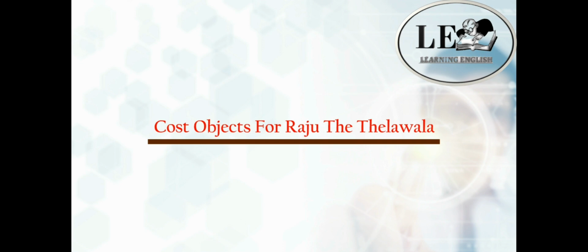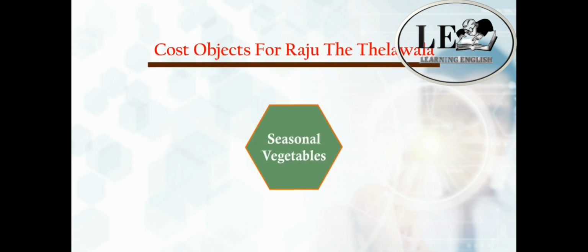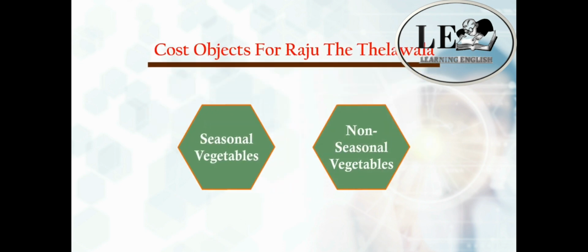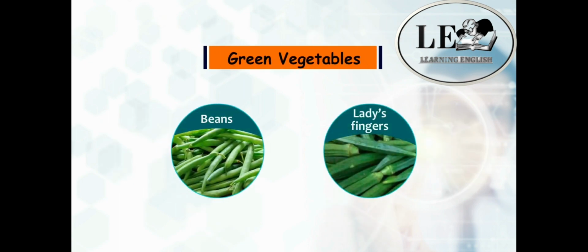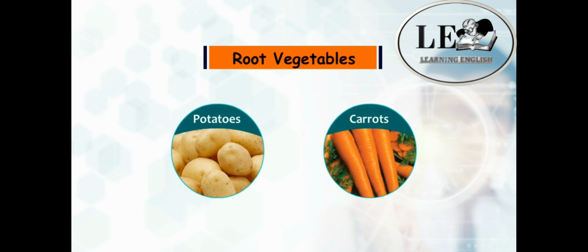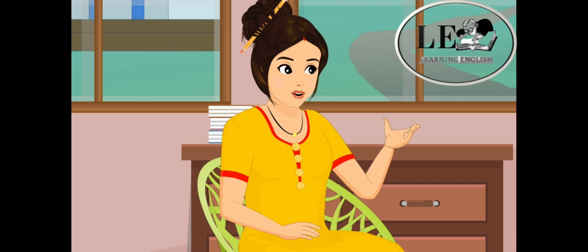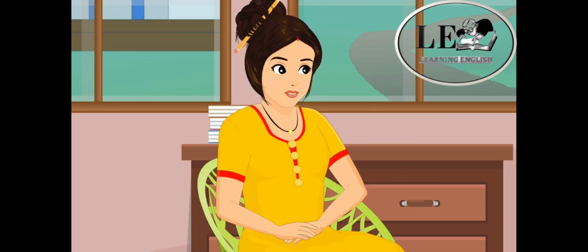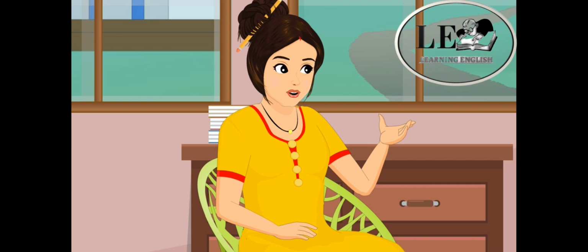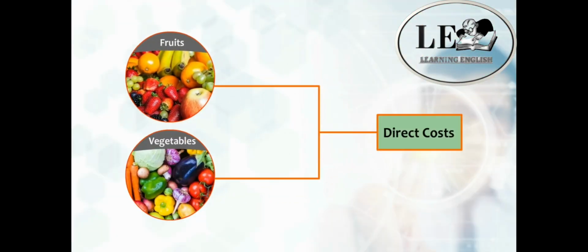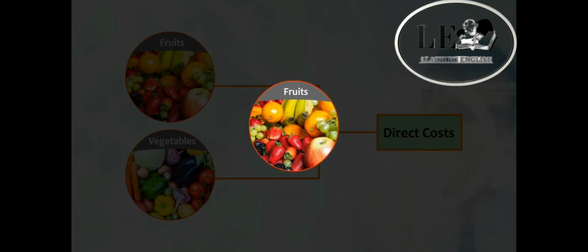Cost object for Raju could be seasonal vegetables and non-seasonal vegetables, or green vegetables like beans or lady's fingers, root vegetables like potatoes or carrots, and other types of vegetables. If he starts selling fruits also, cost objects could be vegetables and fruits.